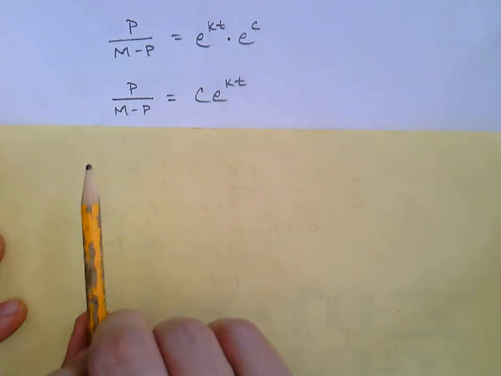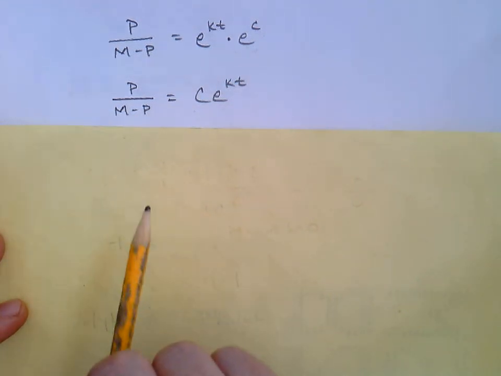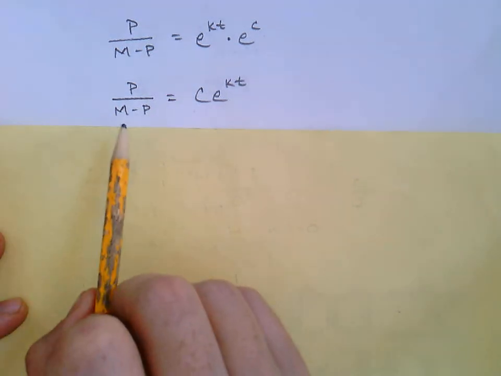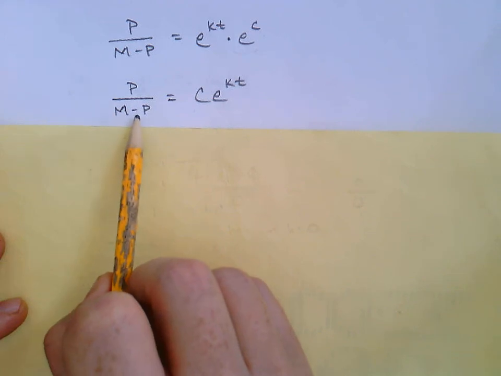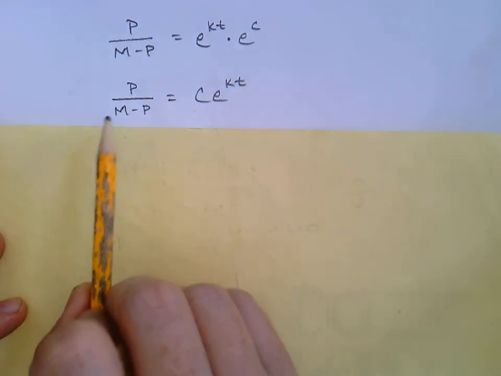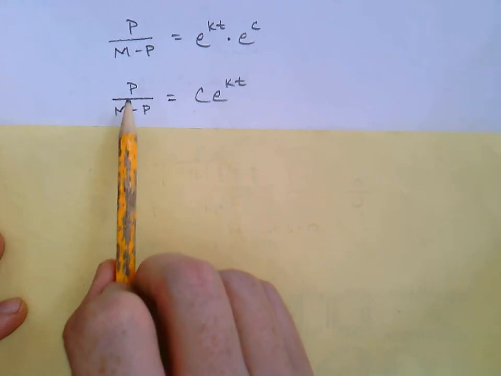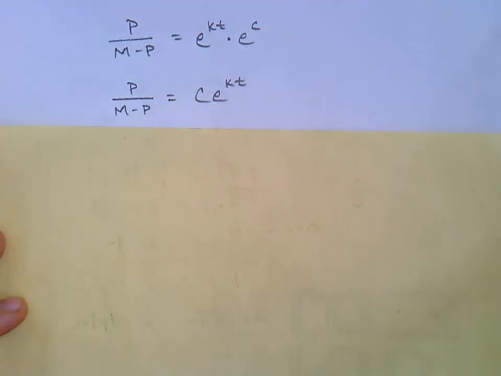Okay, what to do from here? If we want to solve for p, there's a few ways we could go, but one way that is maybe not an obvious one, we could take the reciprocal of both sides, and we'll get to the reasons why. It would be a lot better if this was flipped over for our algebra's sake.